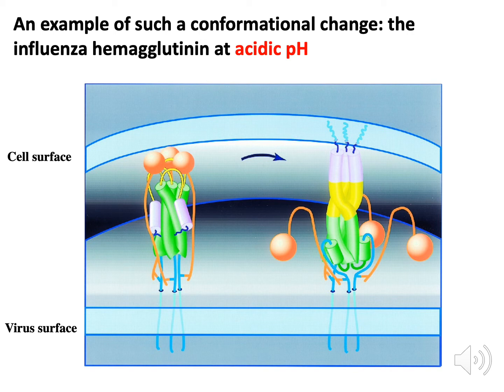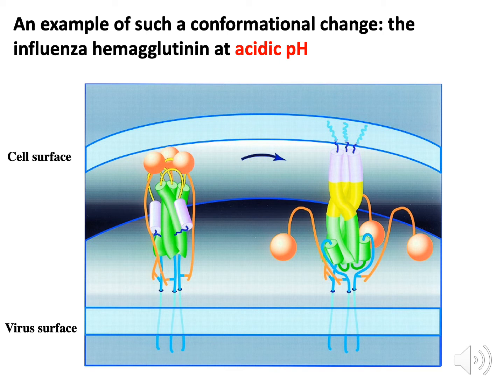So on the top is the cell surface, and you can see in the left-hand diagram, the hemagglutinin is binding as a trimer to the cell-specific cellular receptors, and in a particular place at a particular time, that hemagglutinin undergoes a dramatic molecular change, well characterized by X-ray crystallography.